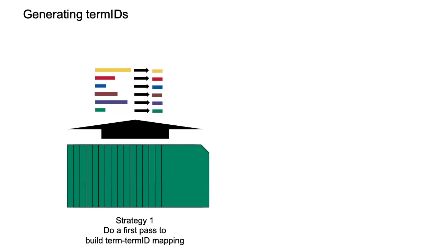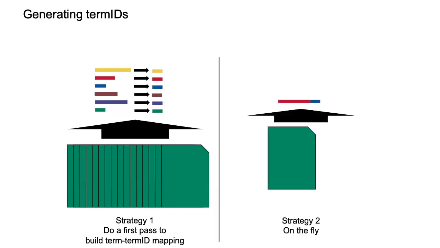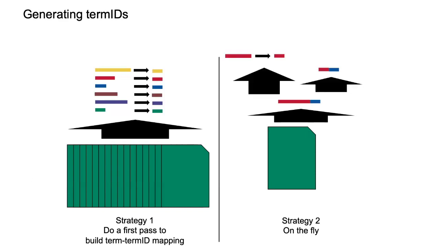So we stream through and build the term ID mapping. That's strategy one. Strategy two is on the fly. You start with your first shard, and you build the mapping on the fly as the terms arrive in memory. Then you expand your mapping as you go, shard after shard.